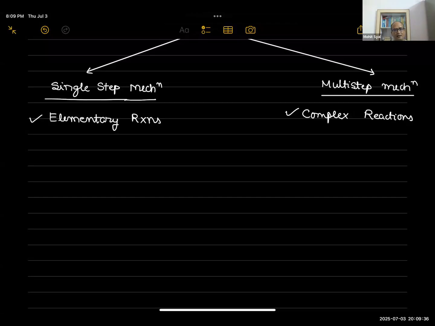Single step reactions are elementary reactions, for example, 2HI gives H2 plus I2.